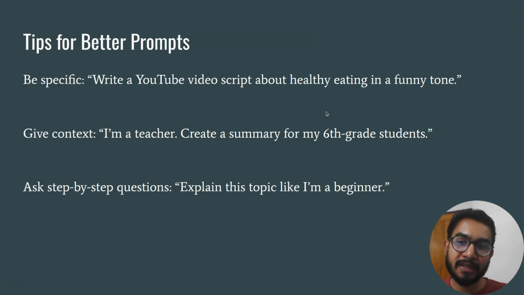So the context should be grammatically correct, and you need to be very specific about what you want and what topics you need assistance with. That's the core thing: be specific and give some context.